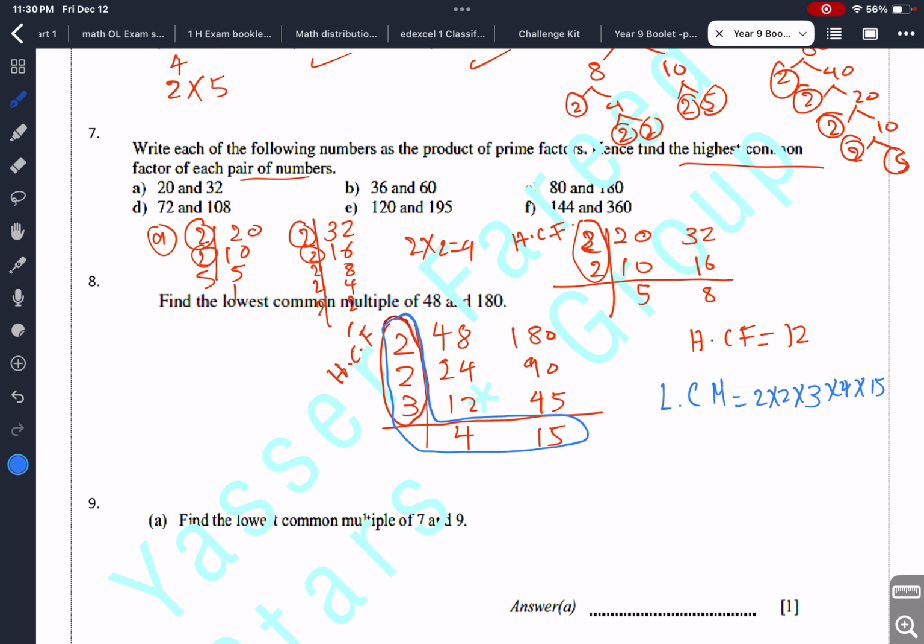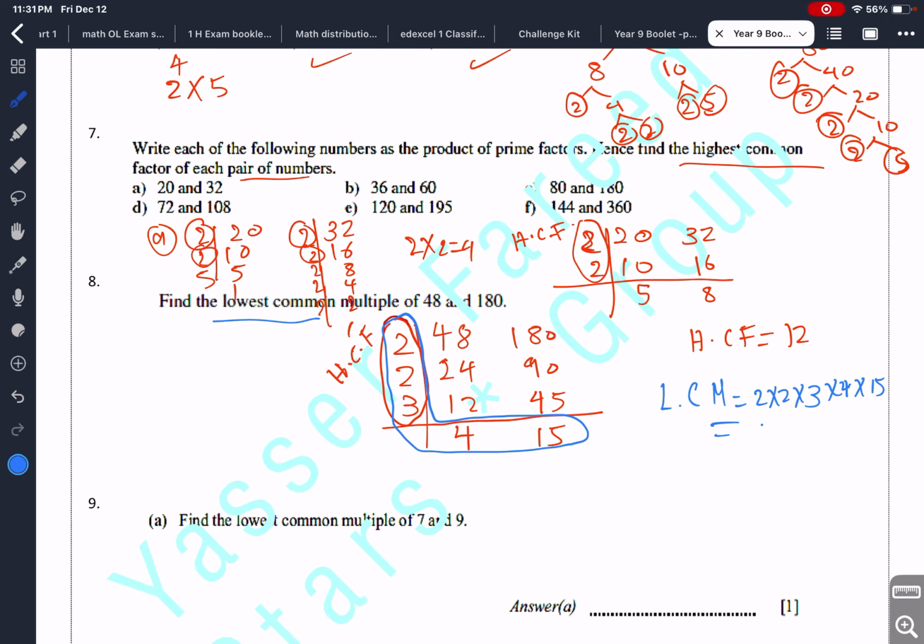Because here he's asking for the lowest common multiple, and he wants you to know it immediately. So I think this is the easiest way, and we just leave the numbers as they are, or we multiply all together. So I have here 4 times 15 is 60, so 180, 360, 720, sorry, 720.